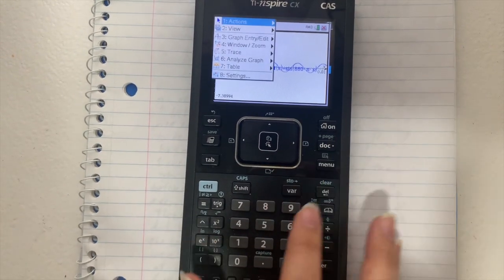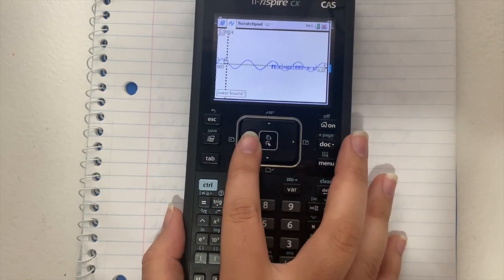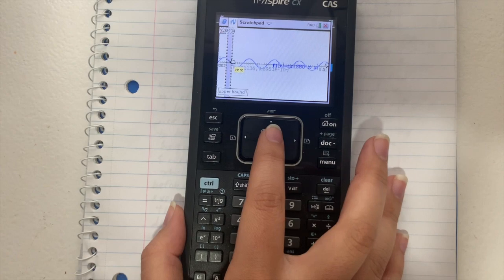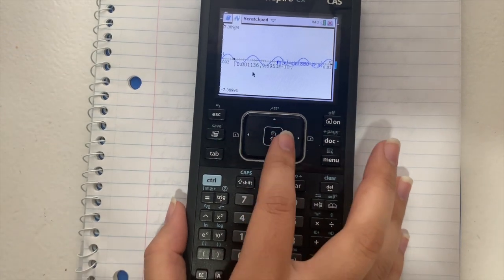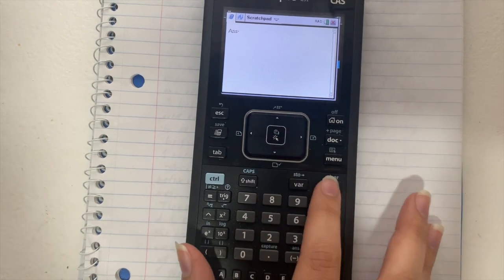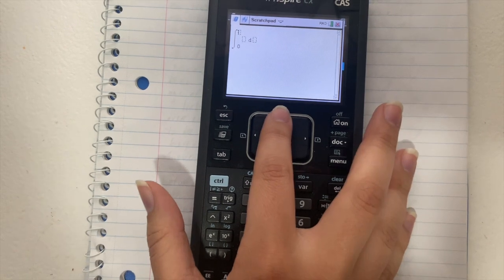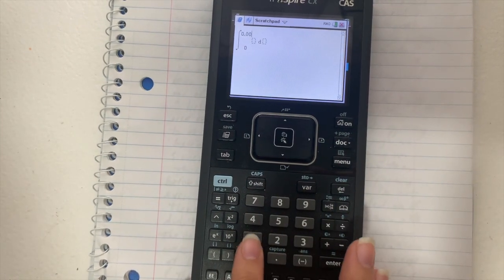Then we would analyze the graph to find the first 0. Calculate the integral of sine with the limits 0 to 0.001136.